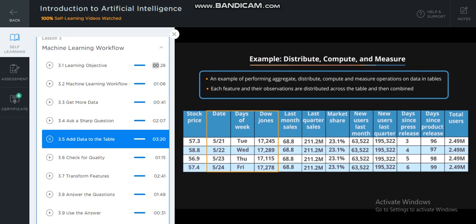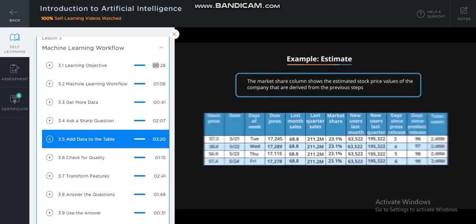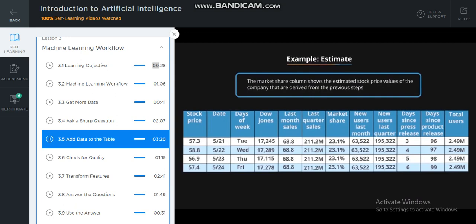They need to be combined. The compute and measure is the Dow Jones number that need to be added in this case, and they need to be measured against the company's numbers for sales, market share, etc. in previous days and months. After performing all the previous steps, we can estimate a company's market share column values.